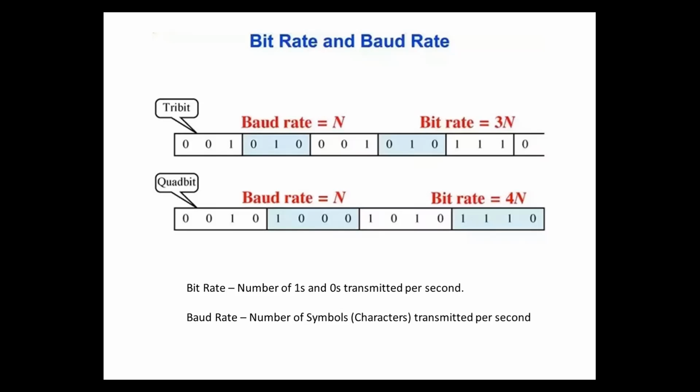Some could use 5, 6, 7, 8 bits. So the baud rate is just the bit rate divided by the number of characters that make up the character set.